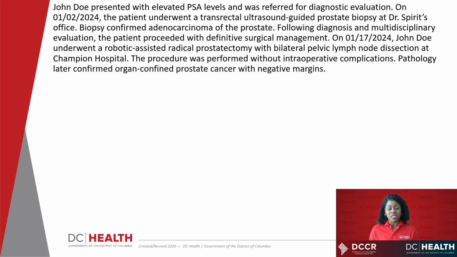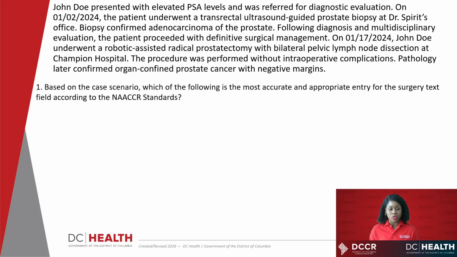On January 17th, 2024, John Doe underwent a robotic assisted radical prostatectomy with bilateral pelvic lymph node dissection at Champion Hospital. The procedure was performed without intraoperative complication. Pathology later confirmed organ-confined prostate cancer with negative margins.